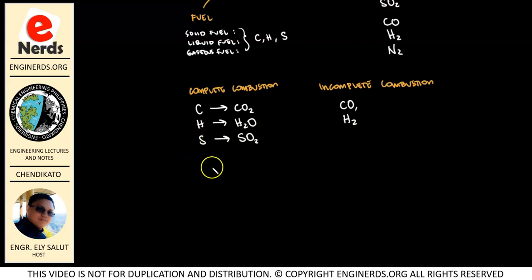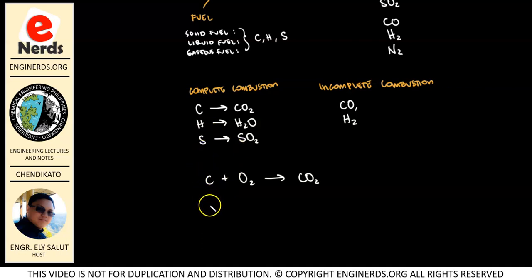Okay, so sabi natin our carbon is reacting with the oxygen in the air. So we have carbon plus O2 and it is producing CO2 for complete combustion. No? So we need to balance our reaction. So we have 1 carbon, 2 oxygen, 2 oxygen. So we have a balanced reaction here.